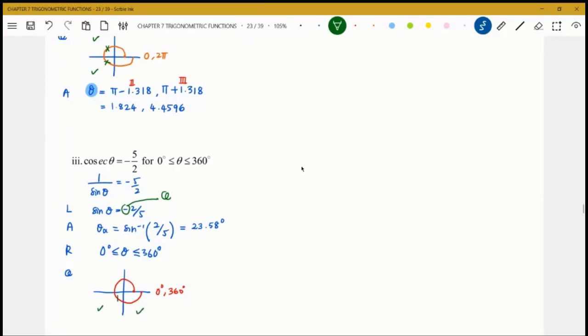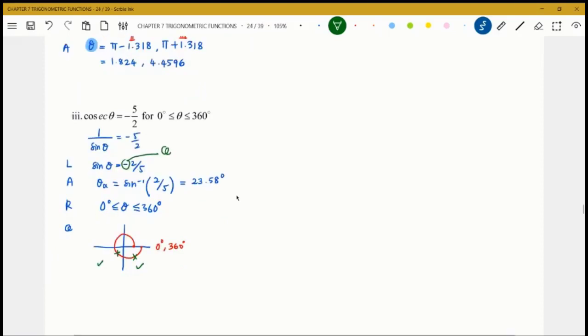So your angle should be here and here. Okay, so in order to find the theta, we know that on the third quadrant, it should be 180 plus theta alpha. So theta alpha kita adalah 23.58 degree. And then on the fourth quadrant, dia adalah 360 tolak 23.58 degree.